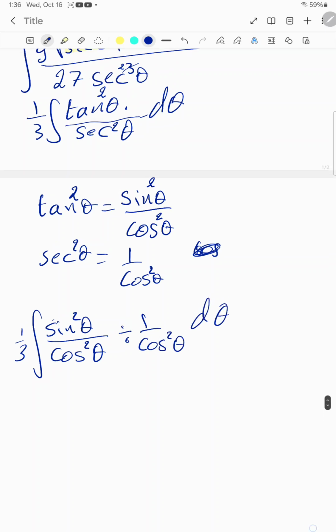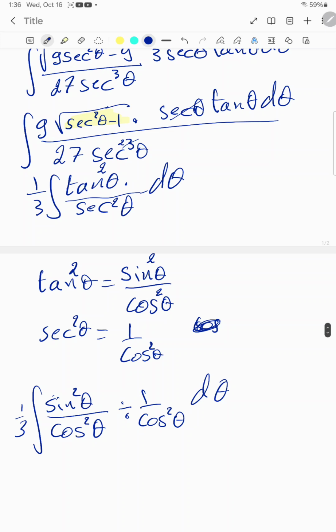But I know division becomes multiplication, but I have to flip the second fraction. So let's do it right away. I just put it for you to see it. So instead of 1 divided by cosine squared of theta, it becomes cosine squared of theta divided by 1. So now I can simplify cosine squared of theta and cosine squared of theta.